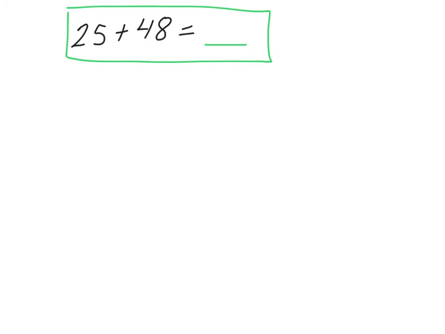Now let's go back and look at our addition sentence here. 25 plus 48 equals blank. So let's go ahead and draw a quick picture to represent the addends. Starting with the number 25, 20, 21, 22, 23, 24, 25.